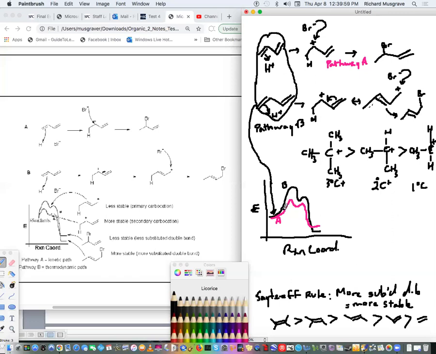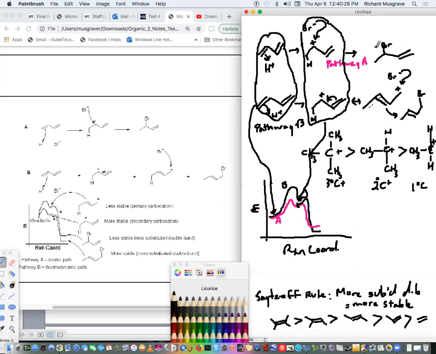So if energy changes occur, something reacts, and then we get this energy well. This well here is the intermediate. So it's this part of the diagram right here. So that's what goes in the energy well, here and here.